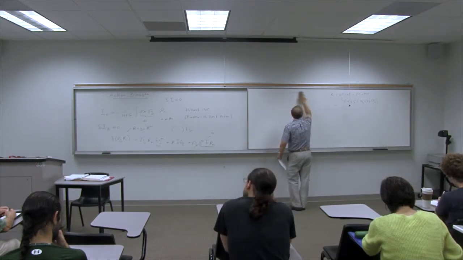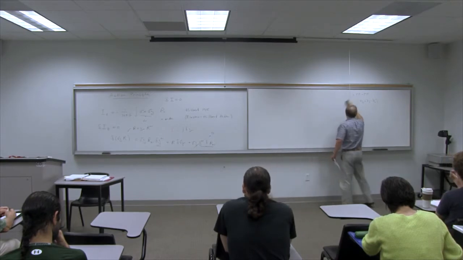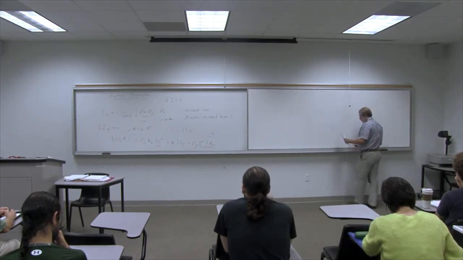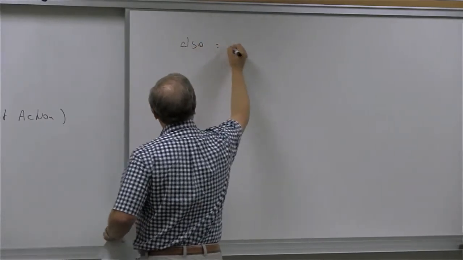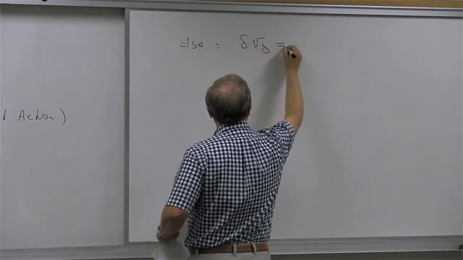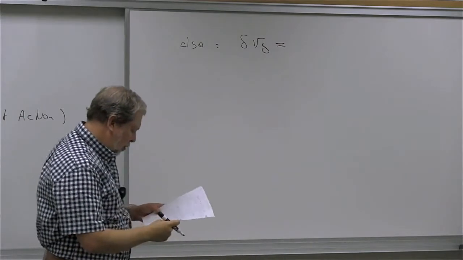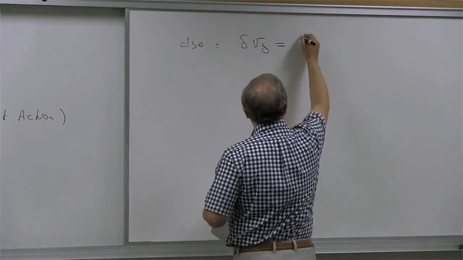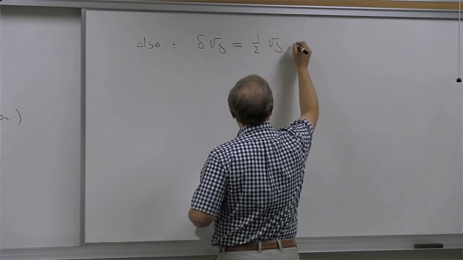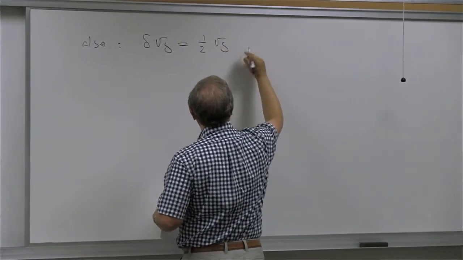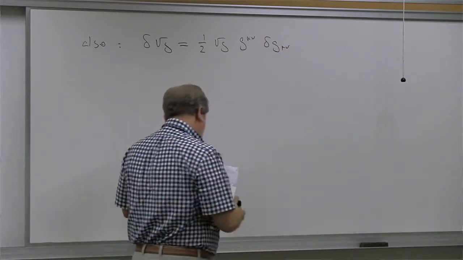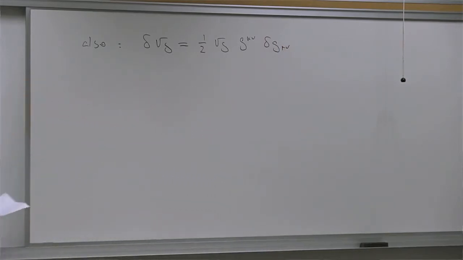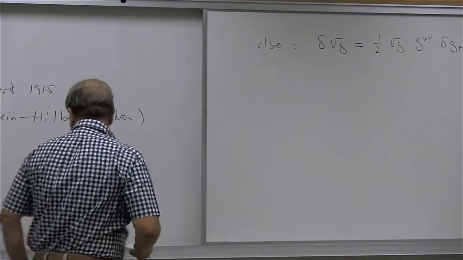And I'll just give the result, which is that the variation of root g can also be written in terms of dg mu nu. That is, it can be written as 1/2 times the square root of g times g mu nu times dg mu nu. Right?